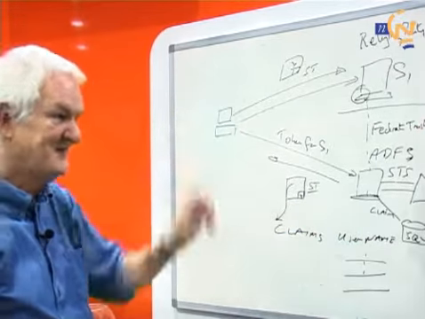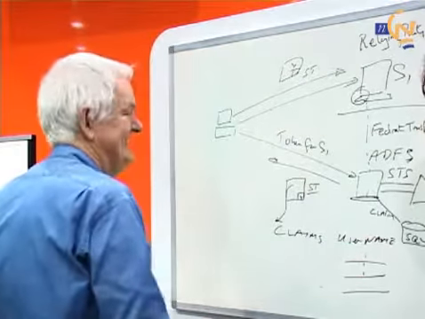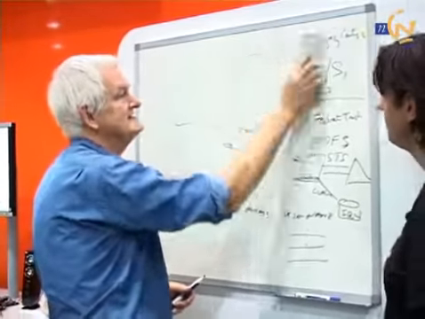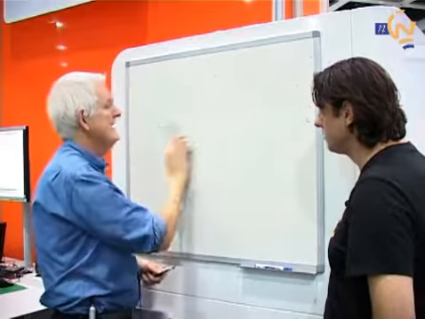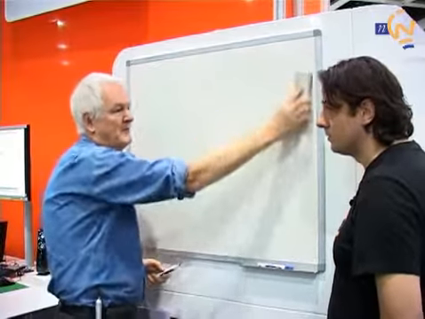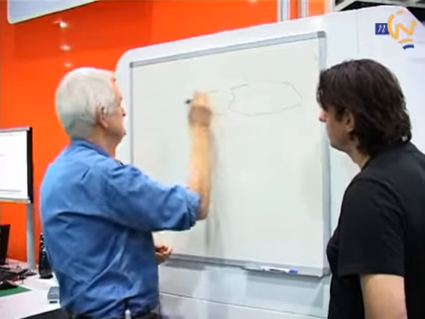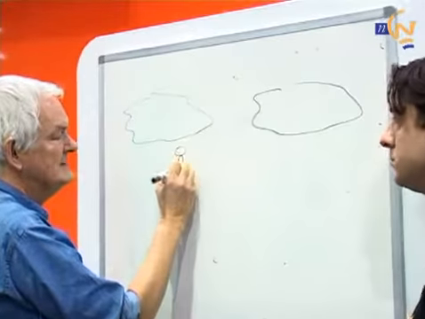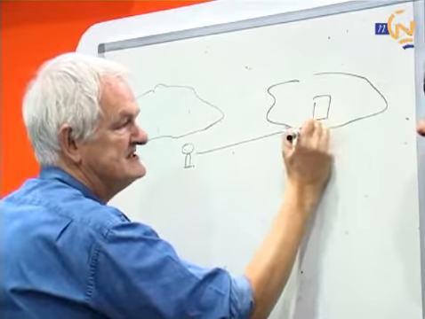But it gets better. So let's change it slightly. You okay with that part? Okay. And this is a big problem where we've got two organisations, and you have a user from this organisation that needs to gain access to a resource over here.